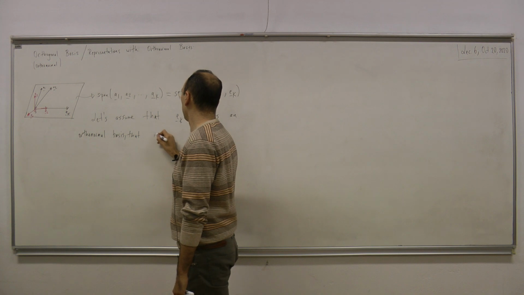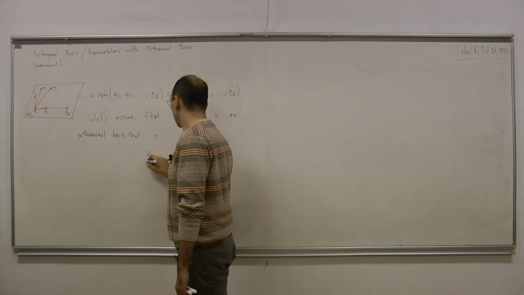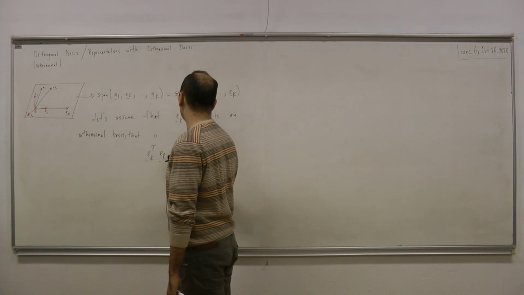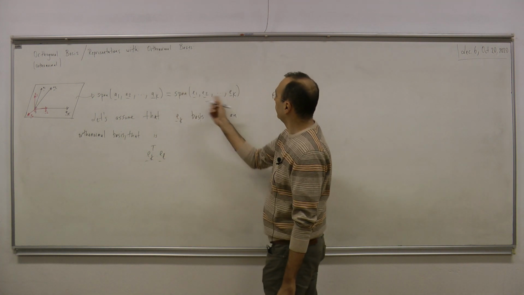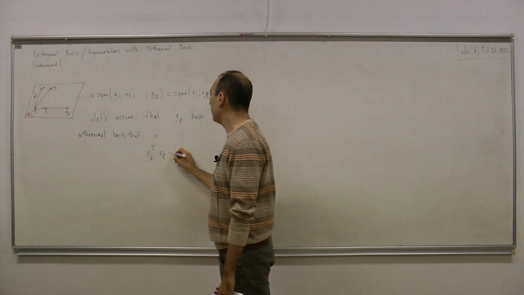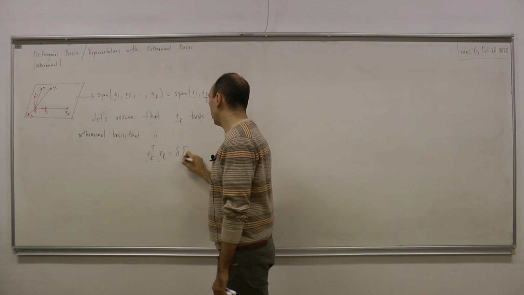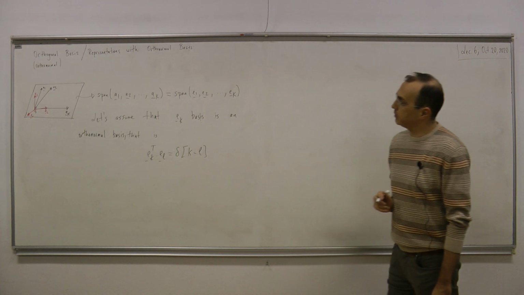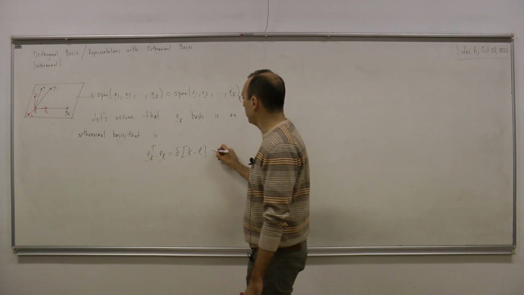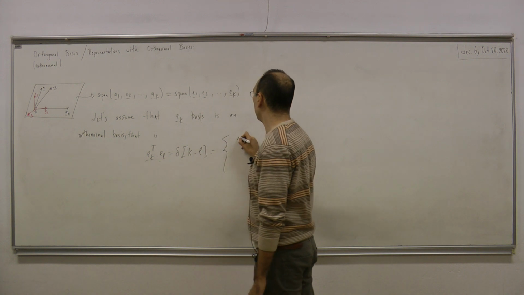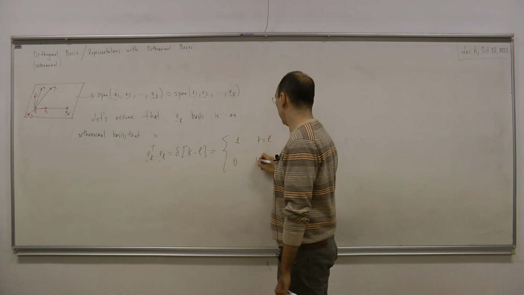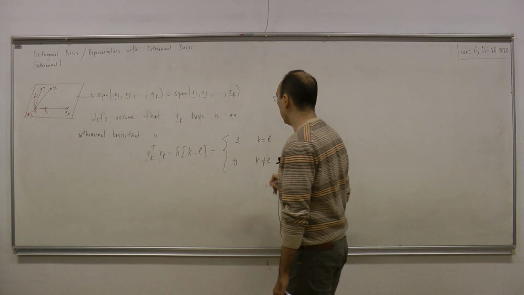That is, EK transpose EL, for an arbitrary K, one of these, and another one L, is equal to, so we are approaching signal processing, delta K minus L. So what's the meaning of this? This is equal to 1 when K is equal to L. This is equal to 0 when K is not equal to L.